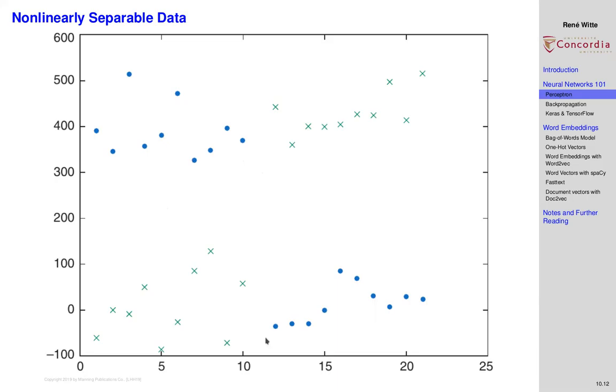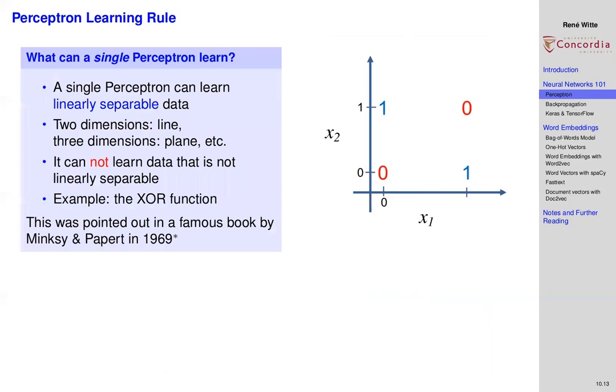If you put it here, you have some x's and circles on one side. If you put it here, same thing. If you put it diagonal, if you put it here, it just doesn't work. So this is an example of data that is nonlinearly separable, and a single perceptron just cannot learn how to separate this kind of data.